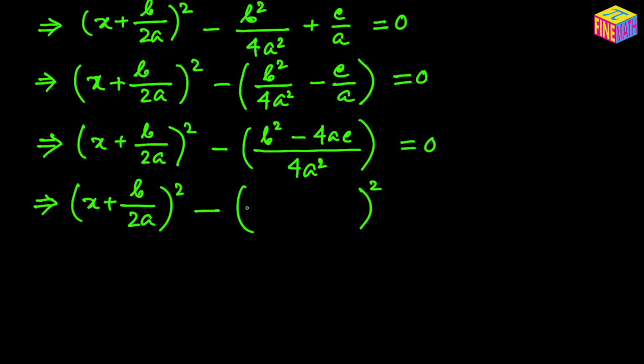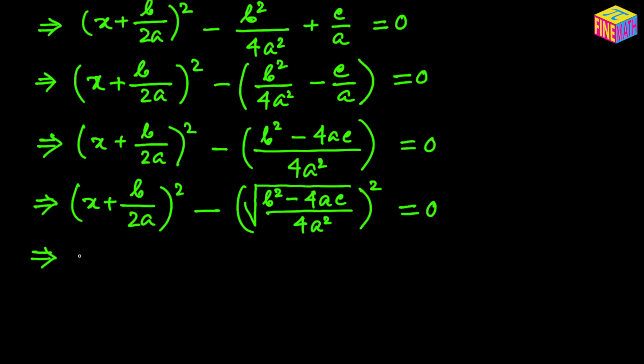So now I'm going to write it as a whole square. So what I need to do, well, I need to put them under a square root, then the whole square and the square root will cancel out each other, so ultimately our value will not change, right? So here if we say b squared minus 4ac divided by 4a squared, right, that is equal to 0.